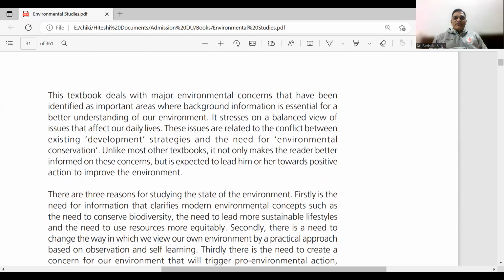These issues are related to the conflict between existing development strategies and the need for environmental conservation. Unlike most other textbooks, it not only makes the reader better informed on these concerns, but is expected to lead him or her towards positive action to improve the environment.